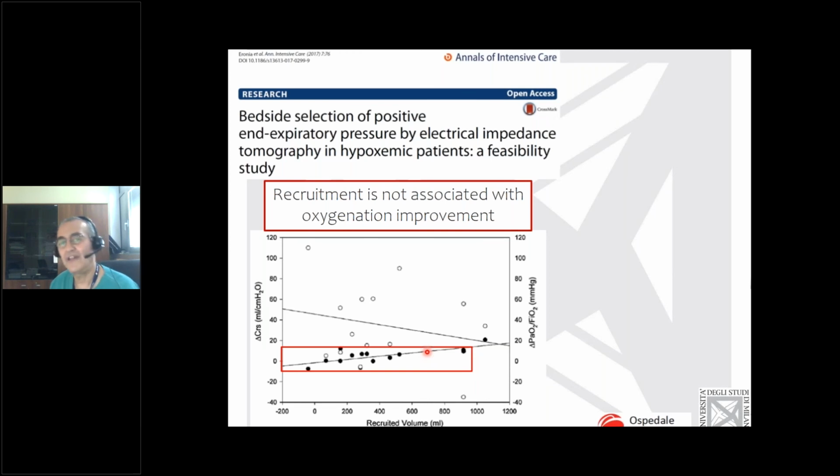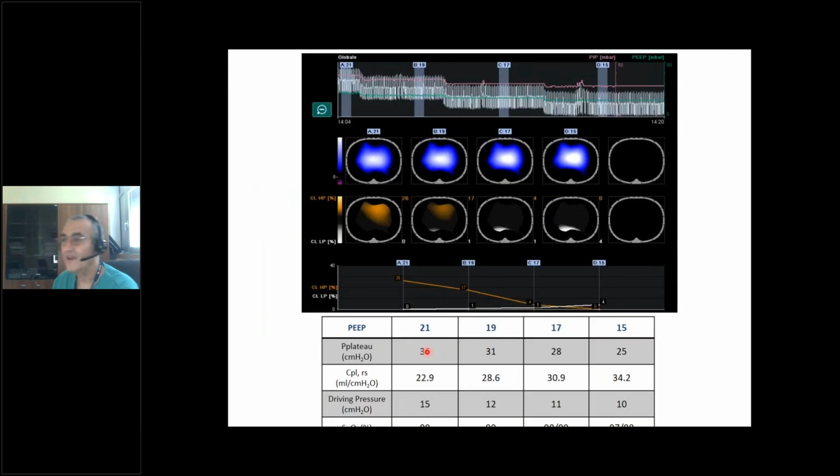If you have an impedance tomography, as you saw before, it is very easy to understand if a lung is recruitable, and also very easy to understand if it can stabilize. Finally, this is more complicated, I understand, but it's very fascinating, and we use it in clinical practice. Following a recruitment maneuver, this is a PEEP trial with different levels of PEEP.